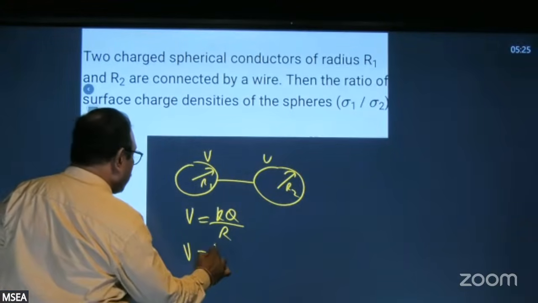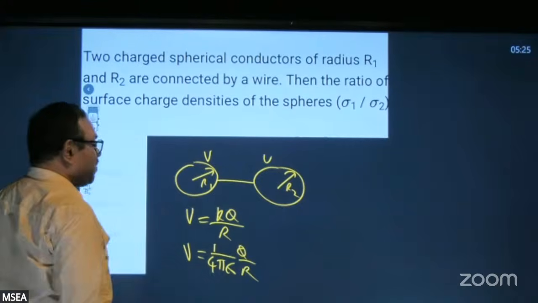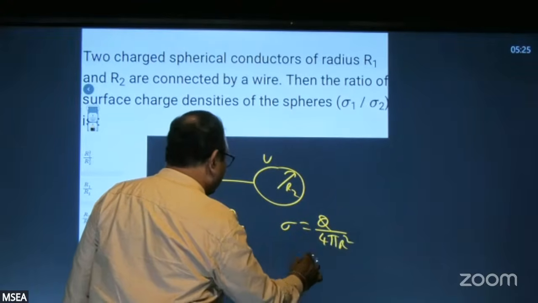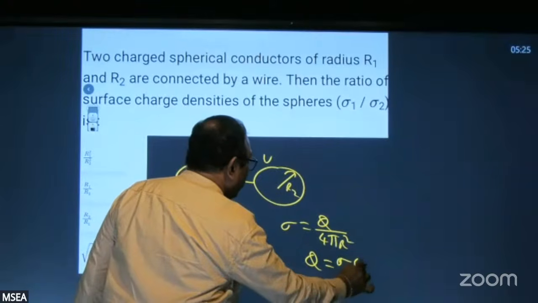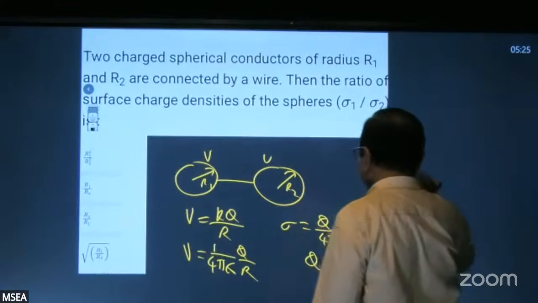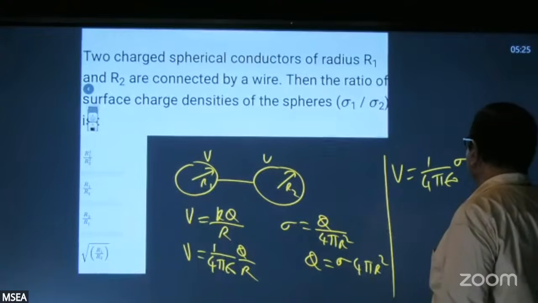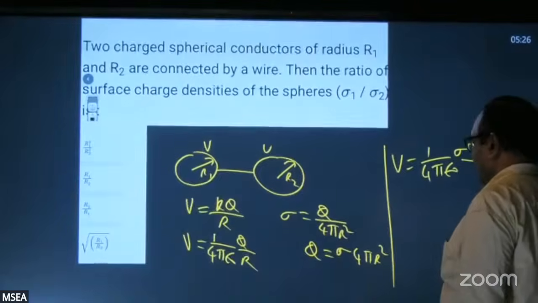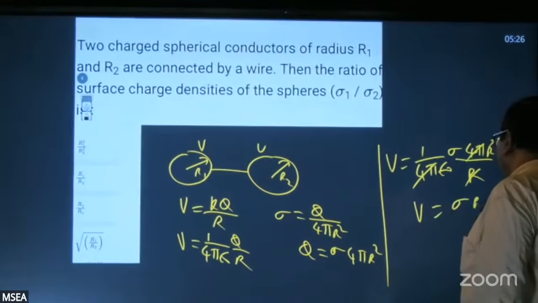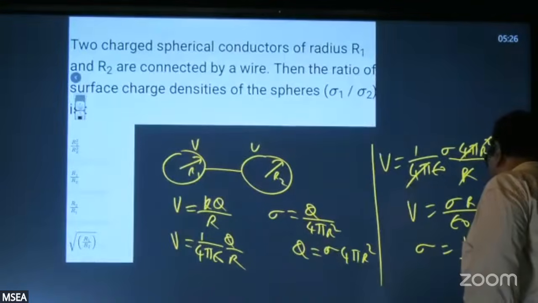V equals 1 by 4 pi epsilon naught times Q by R. Surface charge density is charge per unit area, so Q equals sigma into 4 pi r square. Substituting, V equals 1 by 4 pi epsilon naught times sigma into 4 pi r square by r. The 4 pi cancels, so V equals sigma r by epsilon naught, or sigma equals V epsilon naught by r.